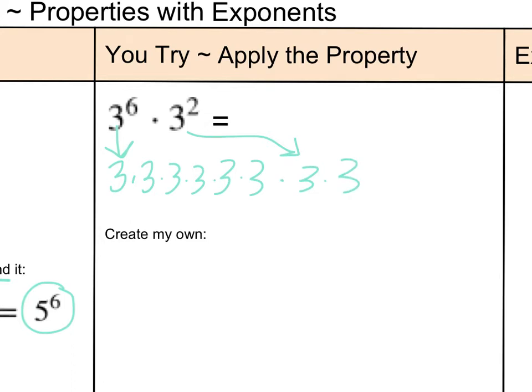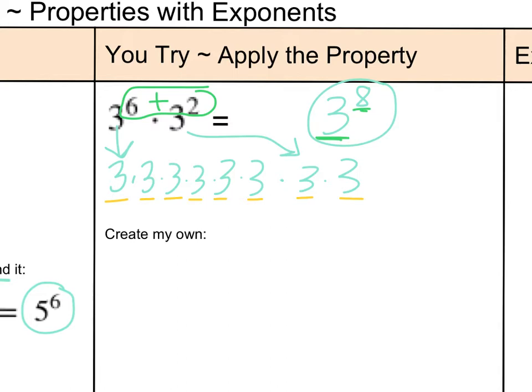If we put that all together or counted them all up, 1, 2, 3, 4, 5, 6, 7, 8, we would get 3 to the eighth power. So expanding it would be the long way. The shortcut that we learned from our rule is to keep the base, so we would keep the 3 and add the exponents, which gives us 8.